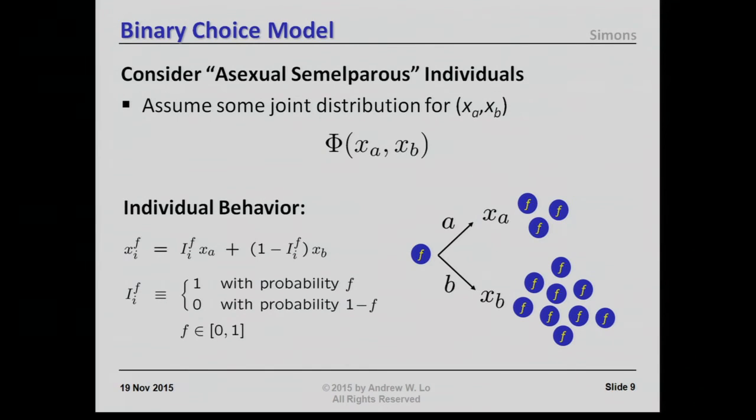Yes, that's right. Now, what biologists care about, though, is not so much F. What they would care about is the XA and the XB. And as an economist, I have no interest in that. All I care about is the statistical distributions, the properties of XA and XB as it relates to behavior, F. So I'm going to summarize XA and XB by this joint distribution function.